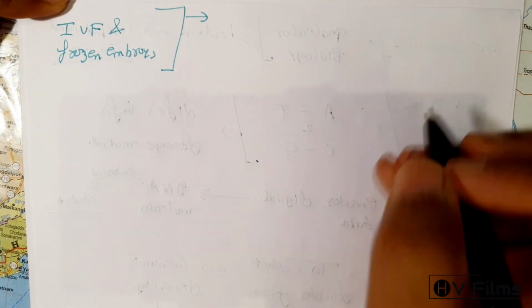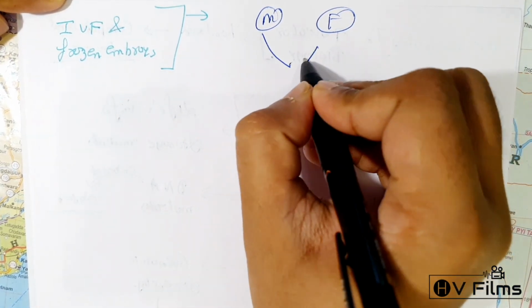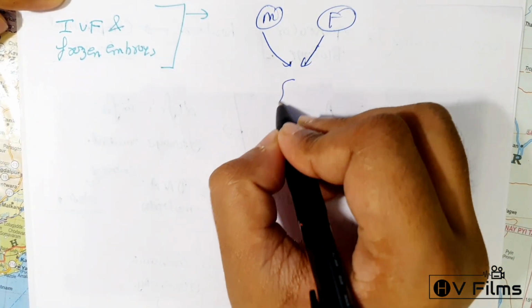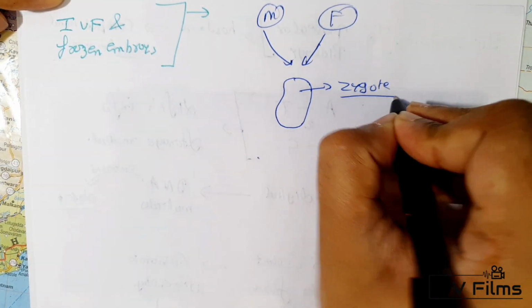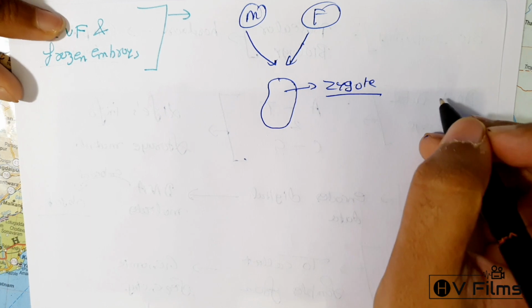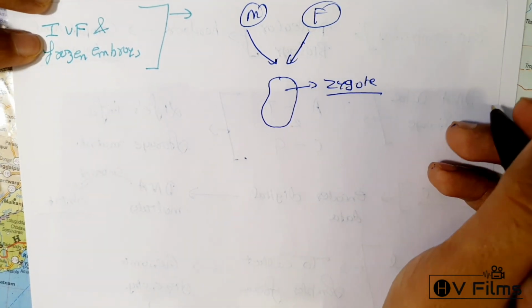If male and female gametes come together, they create what is called a zygote. Now, a zygote is basically a fertilized egg or an embryo. Now the zygote is then implanted into the uterus.